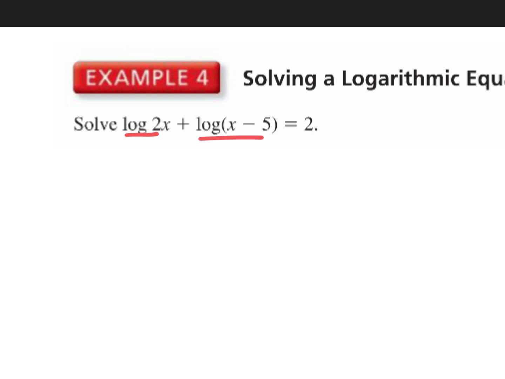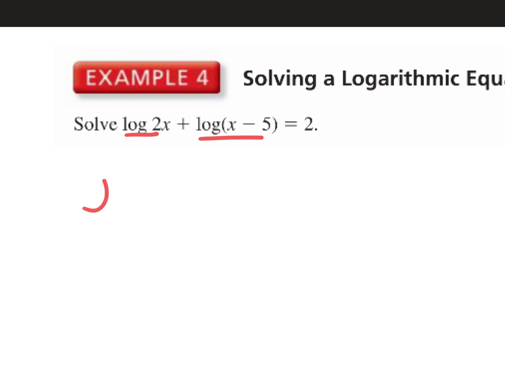And log base 10. Do I know a way that I could rewrite this as just one log? What did we do yesterday? No. What did we do yesterday, guys? Oh, no. Wasn't even 24 hours ago. What did we do yesterday? We condensed and what? Expanded, right? We expanded and condensed. Can I smush those two logs together? Yeah.